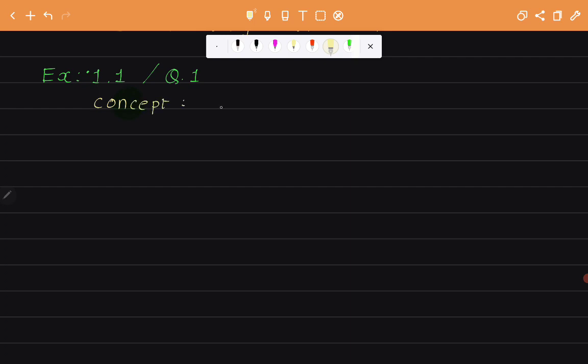This concept is given on page number 8 of your NCERT textbook. It says that 100 is equal to 10 tens. It means that in 100, 10 times tens are involved.